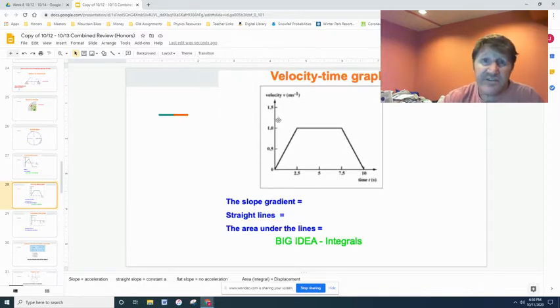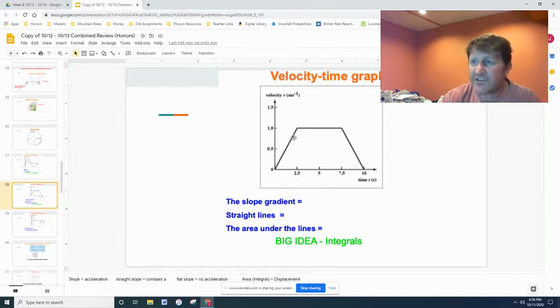Then we had a velocity versus time graph. And so again, when you're doing these motion graphs, understand what is on the y-axis versus time. In the first case, we had displacement, so position change versus time. In this case, we're talking about velocity versus time. And so when I look at the slope of this, now I'm going to be talking about acceleration.